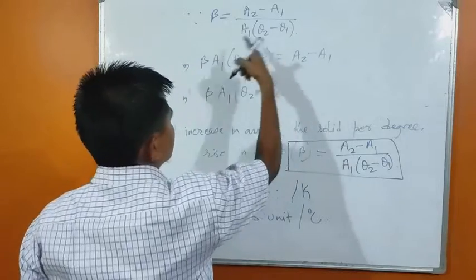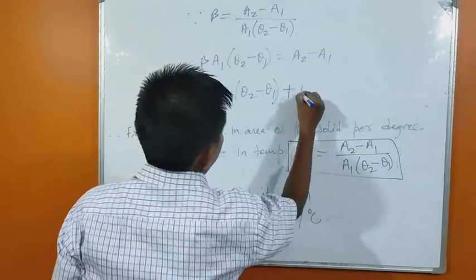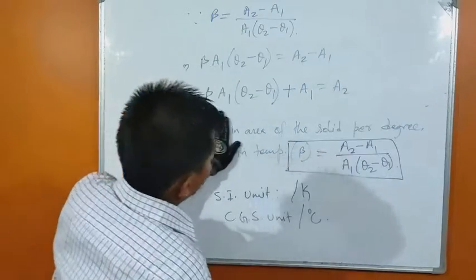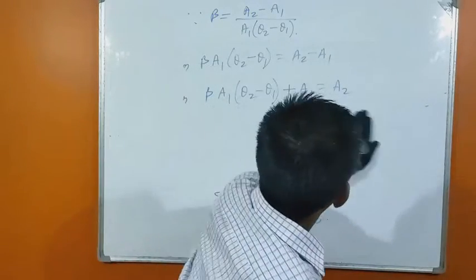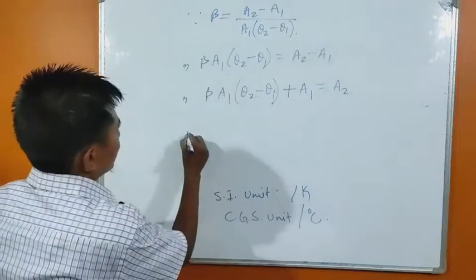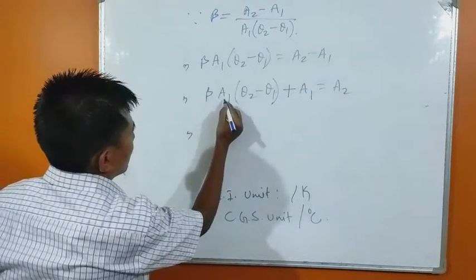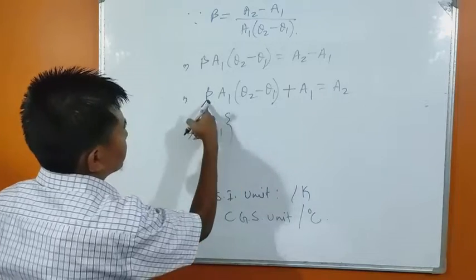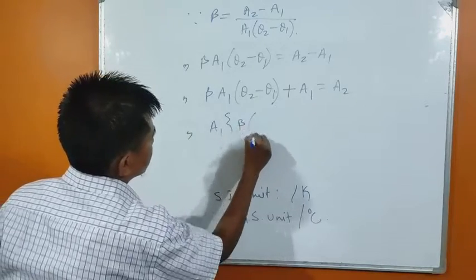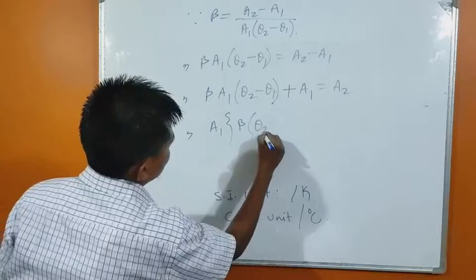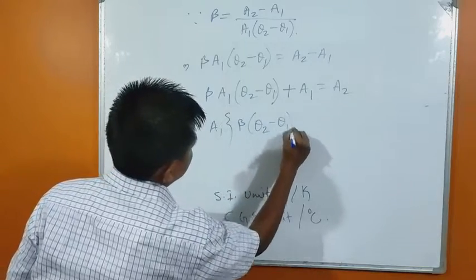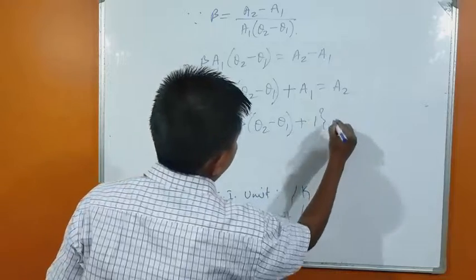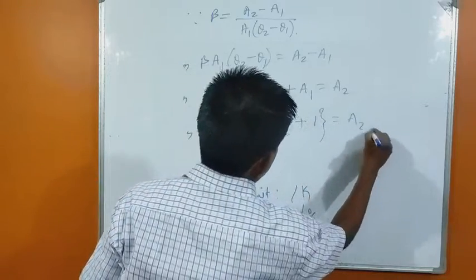When you take this minus A1 to the left hand side, it becomes plus A1 equal to A2. Or we take A1 common. Beta into theta 2 minus theta 1 remains within the bracket, and plus A1 is outside, so 1 remains within the bracket, equal to A2.